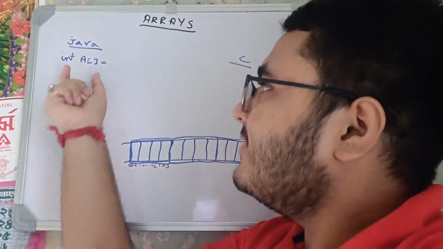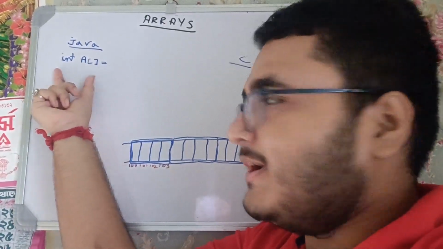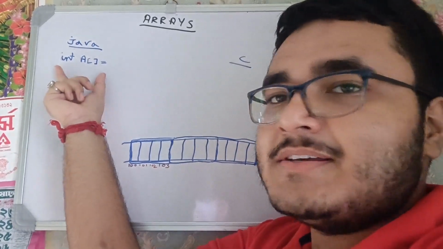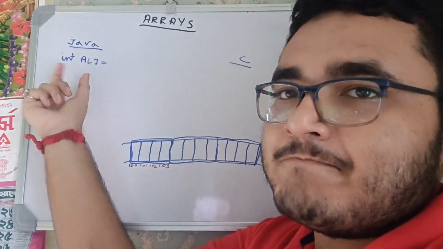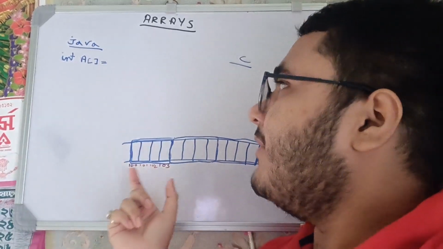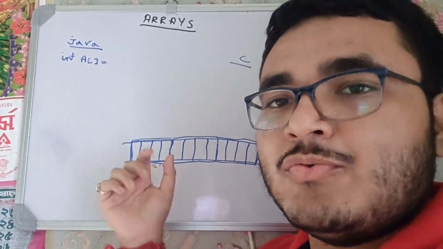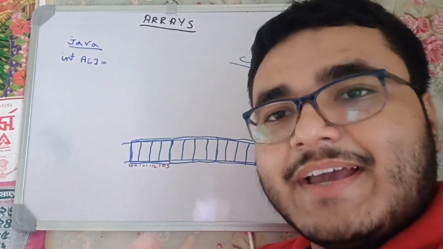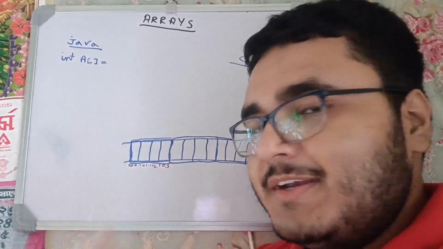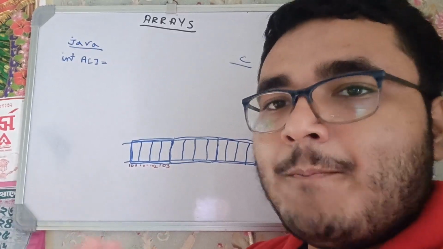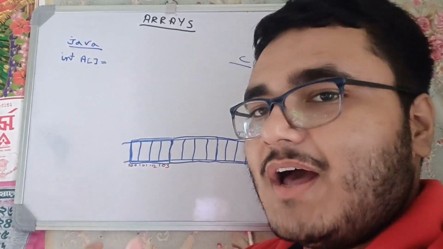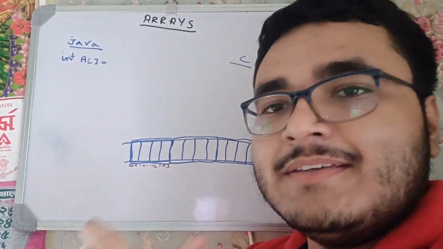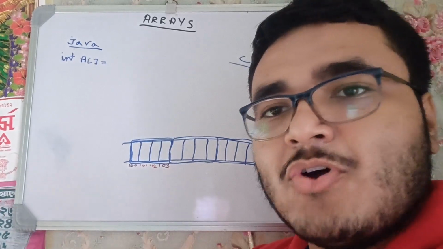Up to this point I am showing that a will be an array. Now how to bring up a new space in memory? It should take some space in memory, right?